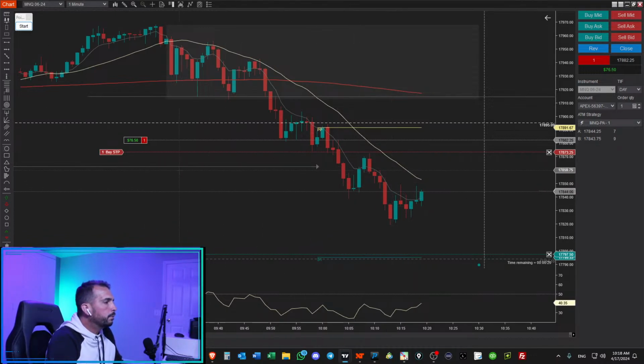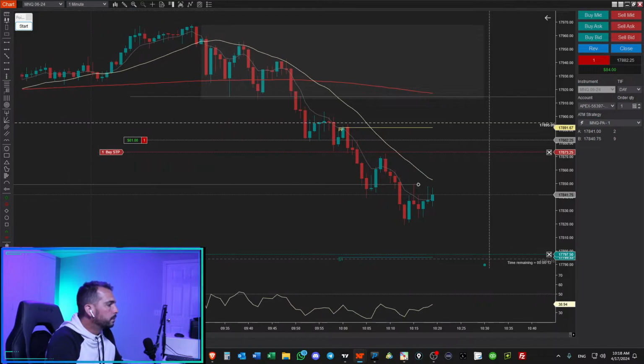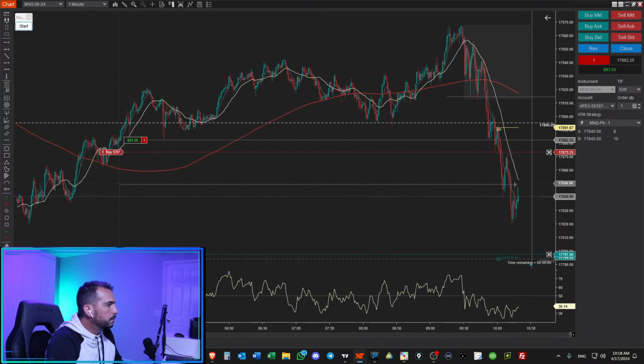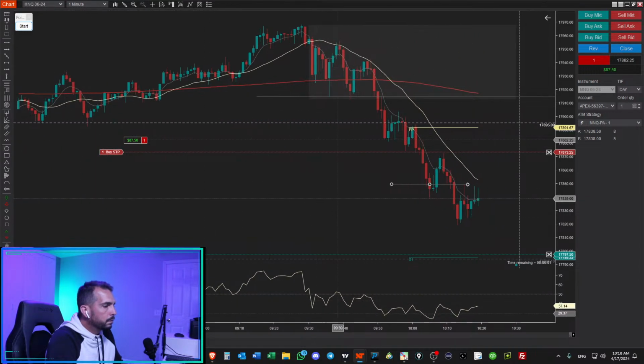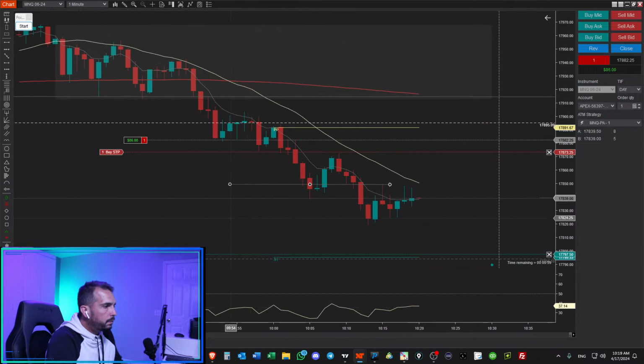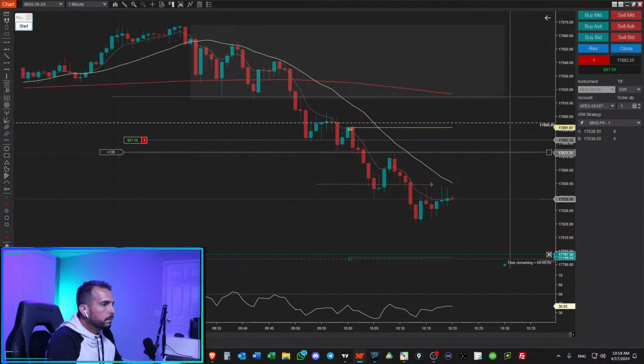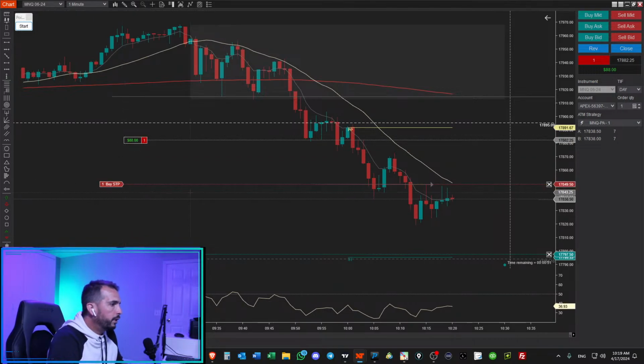Kind of looking to move my stop now to this area. Stop right there.